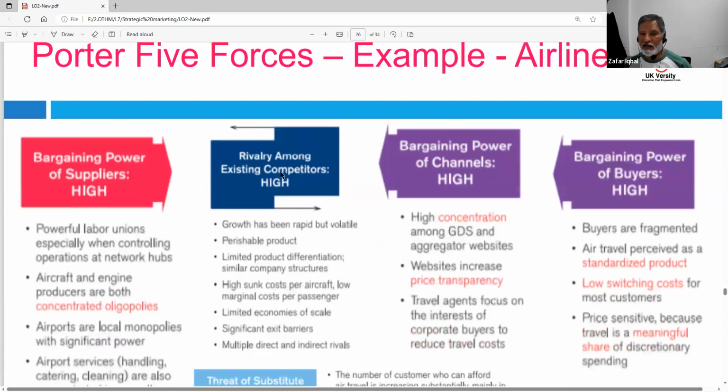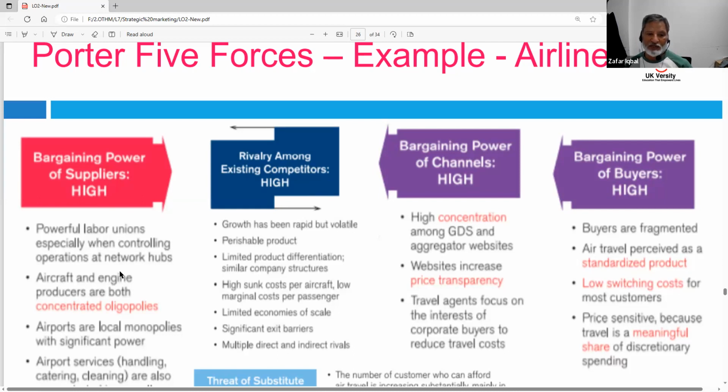For example, airlines use this kind of 5 forces model, in the sense that the bargaining power of suppliers is high, and the bargaining power of buyers is also high. When the bargaining power of suppliers is high, the labor unions are very powerful.